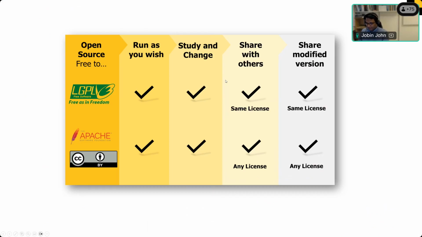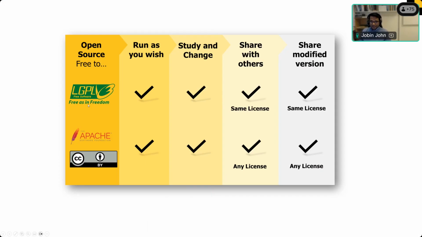And what makes VIVA Plus open is not that it is freely available at no cost. What we mean by free and open source is that you are free to run it as you wish. You're free to study and change the model. You're free to share it with others, and you're free to share a modified version if you make modifications.